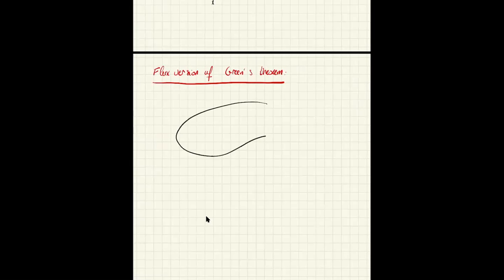So suppose you have a curve C, the positive orientation, remember, is counterclockwise, given by r(t) equals x(t) i plus y(t) j. Now it's 2D, right?